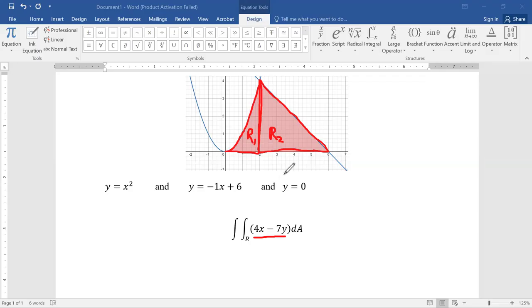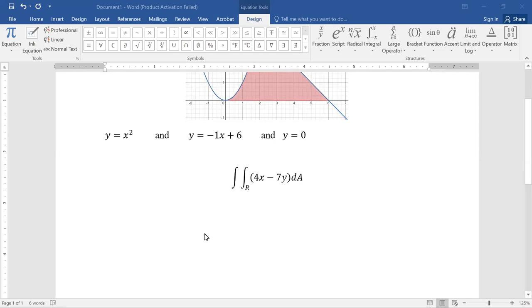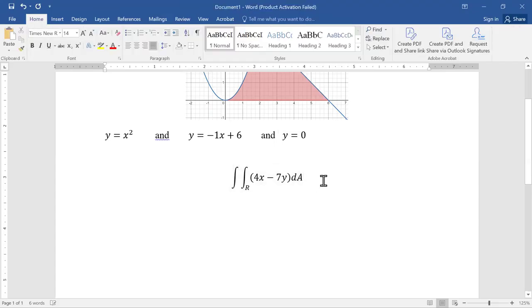That is a signed volume, so I might get a negative number. But I can do that by breaking it up into two regions. So let's do that first. That's the way I'm going to go about this.